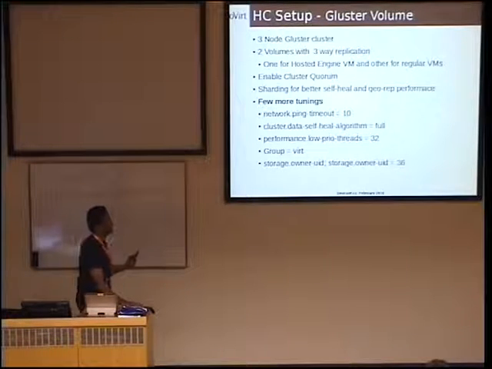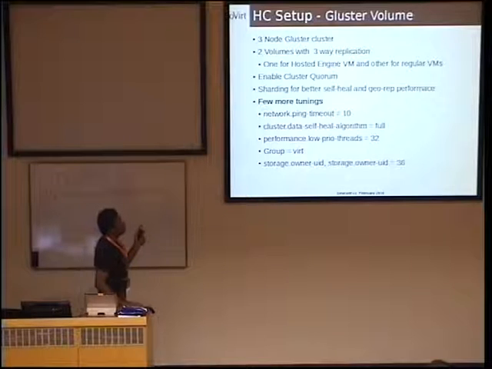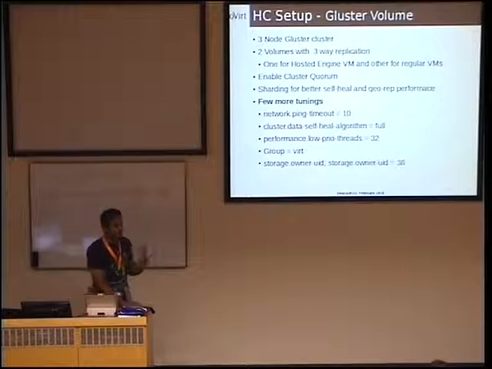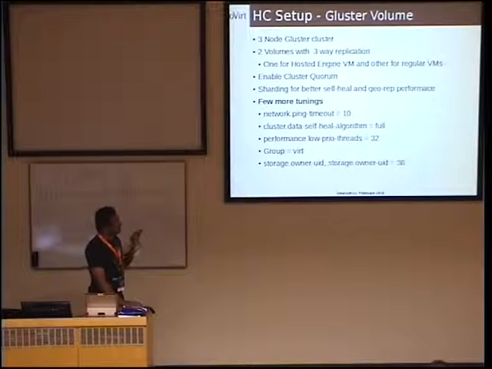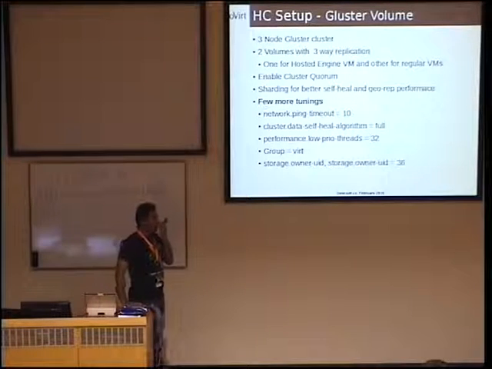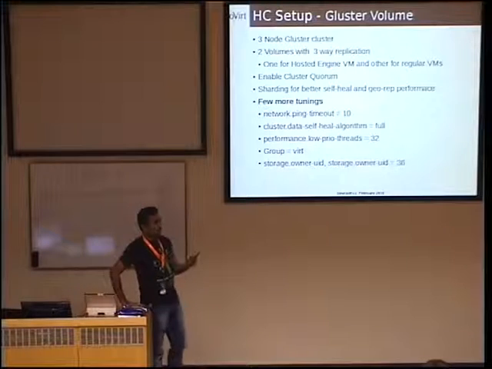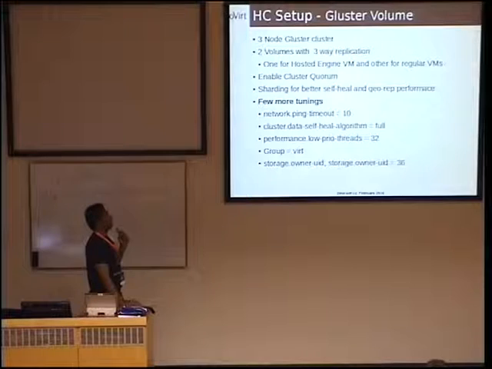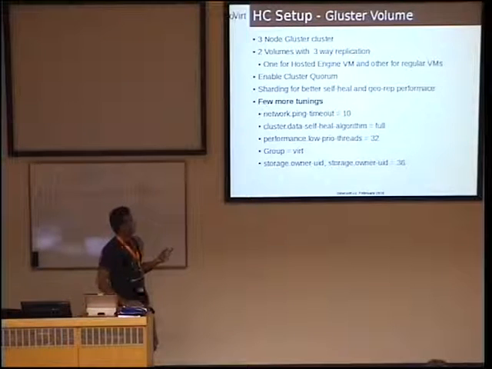Maybe later we can create another volume. The 1 volume will be used for the hosted engine VM, which will contain the disk image for the hosted engine VM. Another volume will be used for regular VMs, which we are going to create. And as I already told you, we have to enable cluster quorum. Otherwise, you may get into split brain situations.